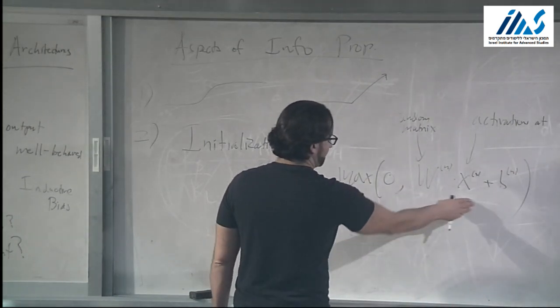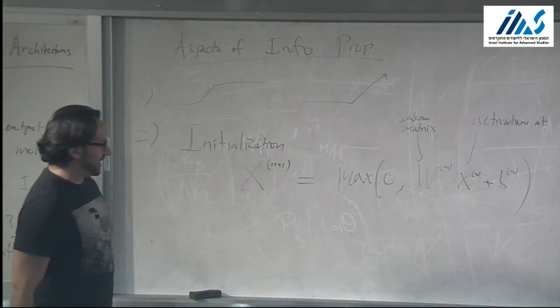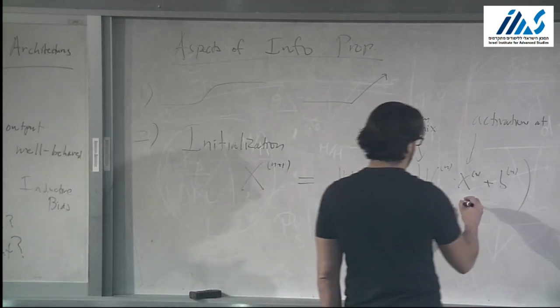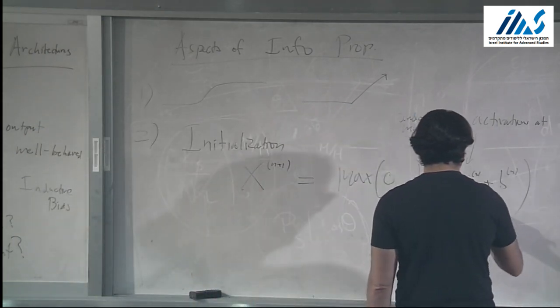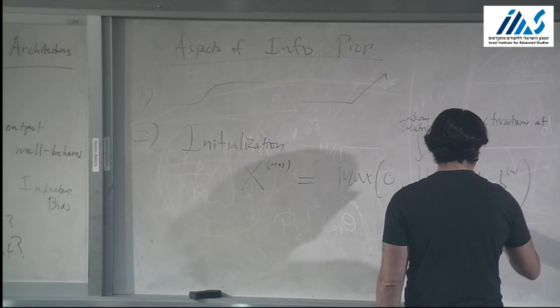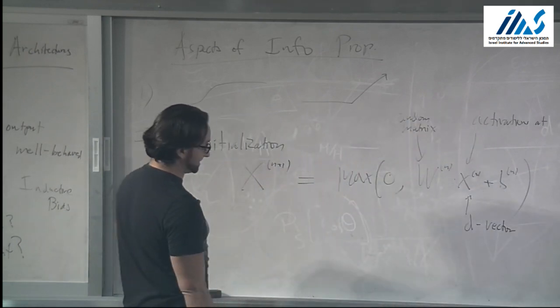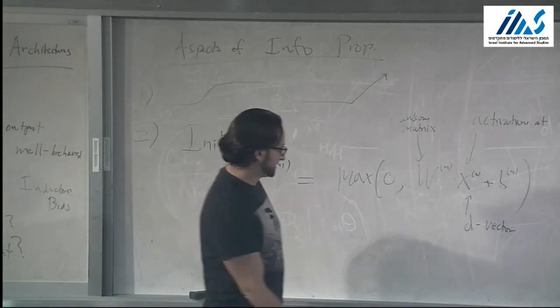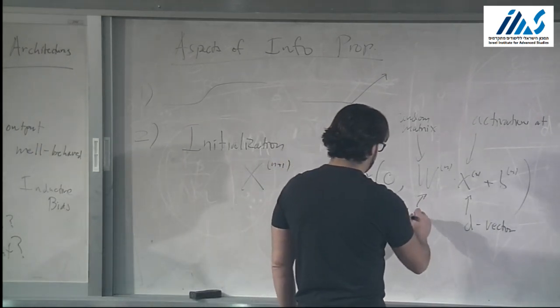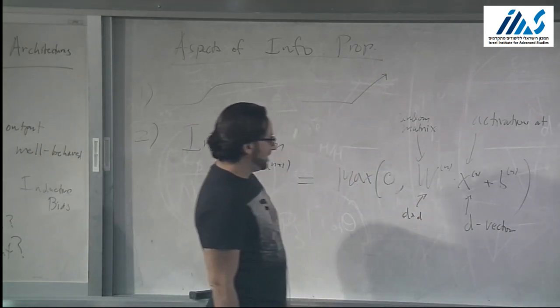Well, if this is, let's say, a d-dimensional vector, and for simplicity, if this is also going to be a d-dimensional vector, this could be a rectangular matrix, then this is some d by d matrix.